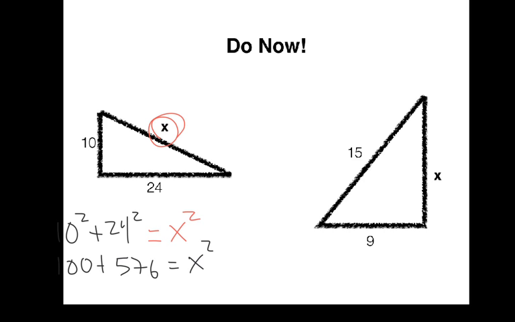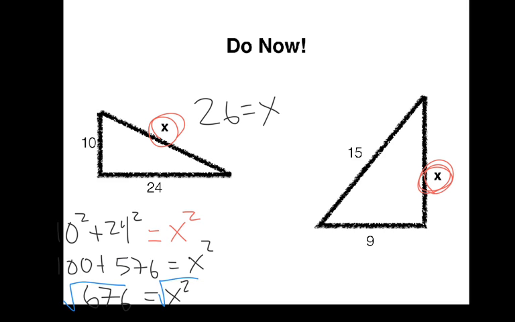I'm going to add them together. And one of the biggest problems I see people do at this point is say, oh, just divide. No, don't divide. We're not dividing. The opposite of squaring something is square root. And once I square root it, I end up getting 26 equals x.